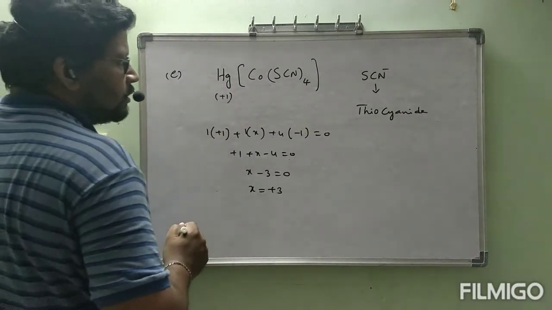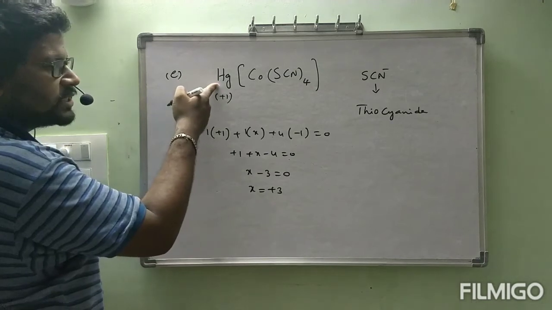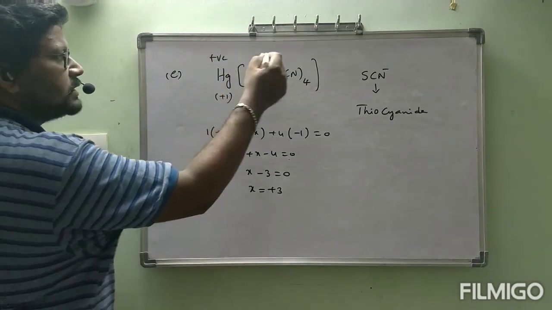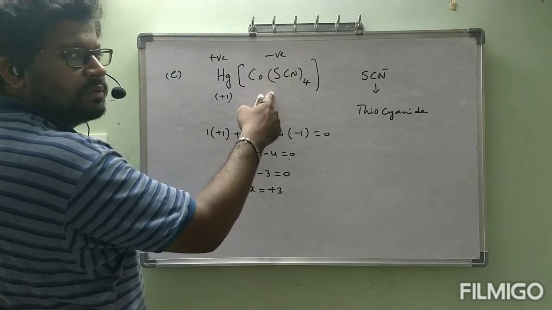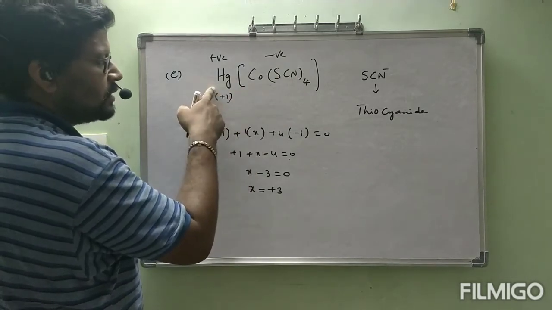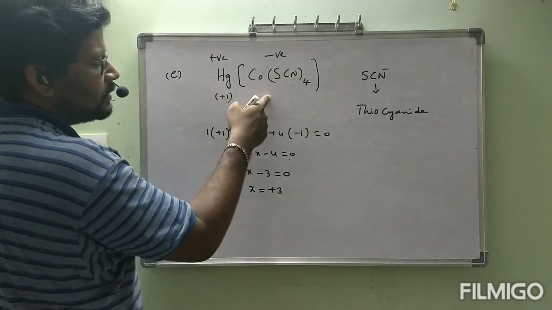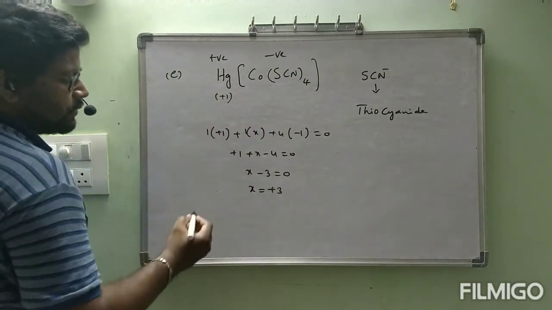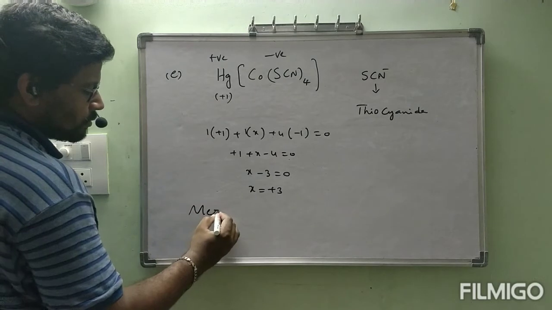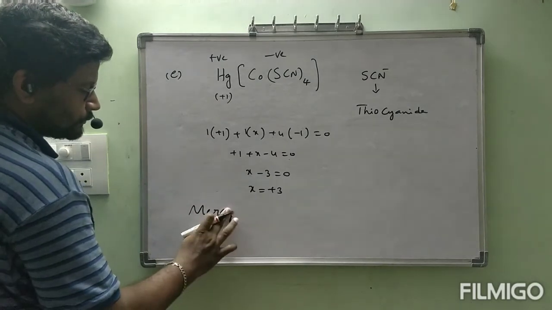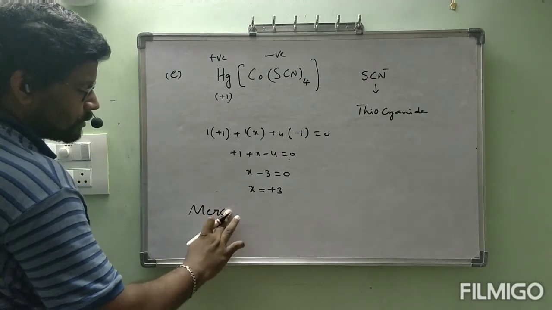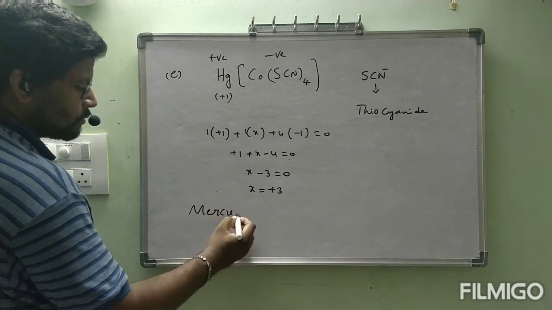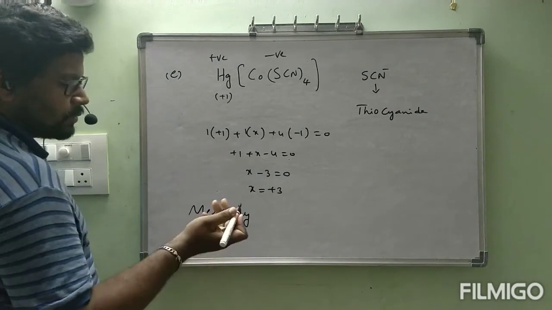Now the name. This is a positive and this is a negative complex. First comes the positive ion here, and here this is the negative ion, the negative complex. It starts with mercury.